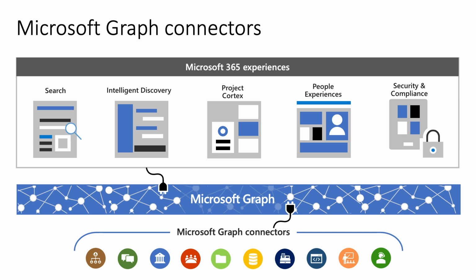The data that you bring in through Graph connectors will be able to participate in other experiences in the future, including intelligent discovery, Project Cortex, people experiences, and security and compliance.